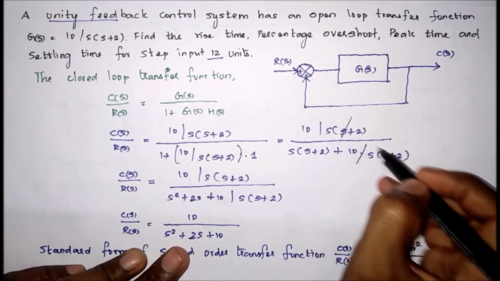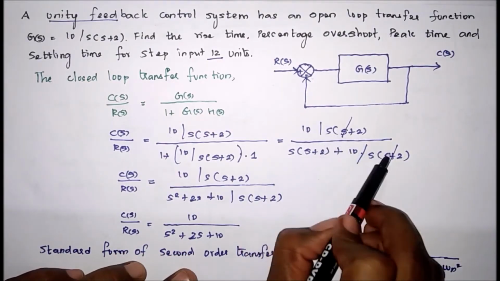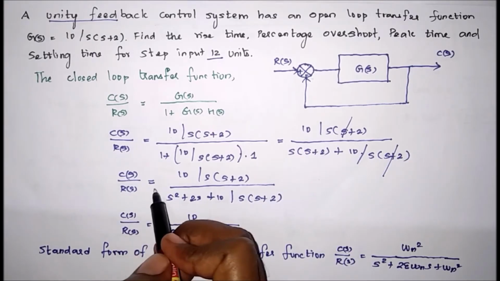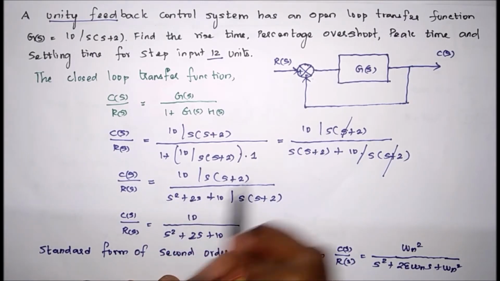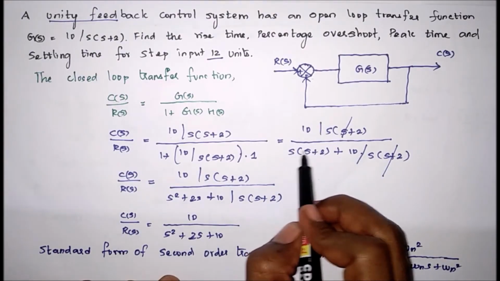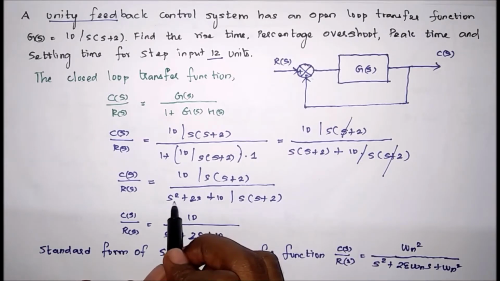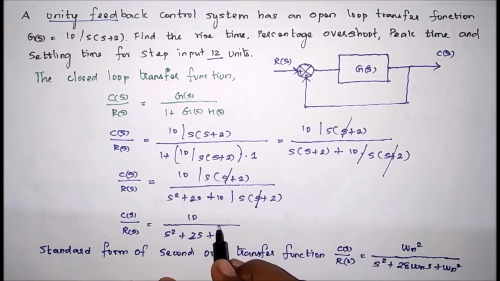Here s into (s plus 2), here also s into (s plus 2), we can cancel both. So C(s) divided by R(s) equal to 10 divided by s into (s plus 2), then we multiply this s inside, so s square plus 2s plus 10. Finally we will have 10 divided by s square plus 2s plus 10.